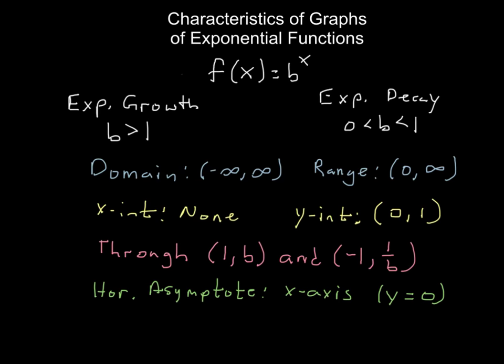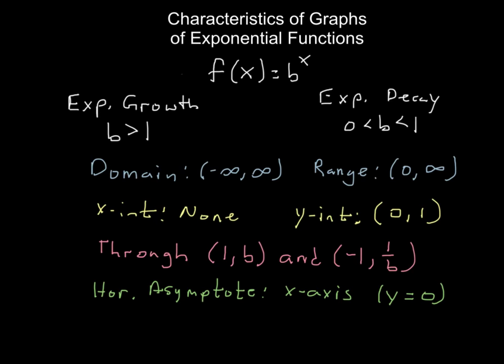Let's talk about some characteristics of graphs of exponential functions. What we're looking at here is f of x equals b to the x. Now again, please notice that the variable has a positive 1 coefficient. As long as these conditions in terms of deciding if it's exponential growth or exponential decay are valid, as long as the variable has a positive coefficient in the exponent.